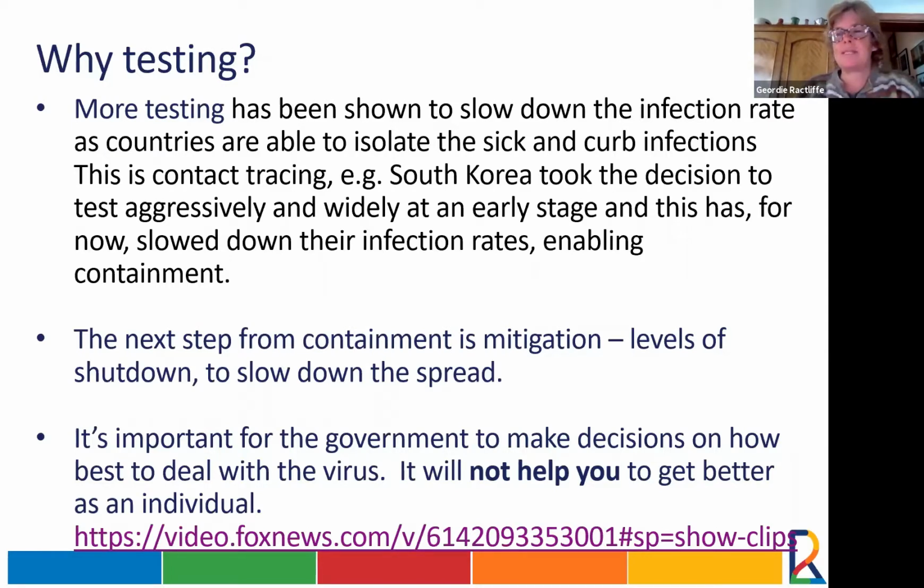But the next step is, and I'm going to show how that happens in the next slide, the next step would be what we call mitigation, okay? So is what we do to slow down the spread, okay? And there are different levels of that, from social distancing or physical distancing or whatever the words we want to use, to a total shutdown.